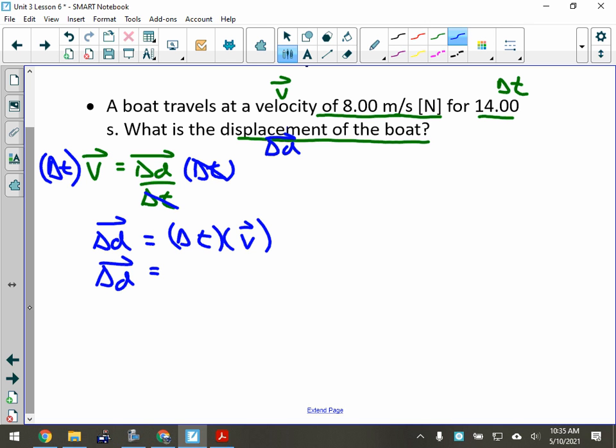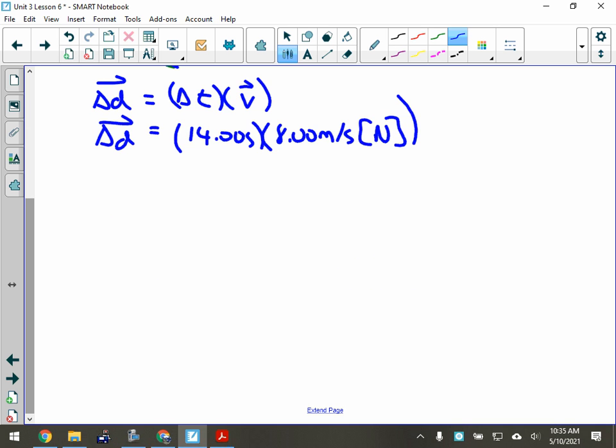Okay, so the time here is 14 seconds. The velocity is 8 meters per second. And notice it has a direction with it. You're going to notice that we're going to need that direction, because remember, displacement includes a direction.